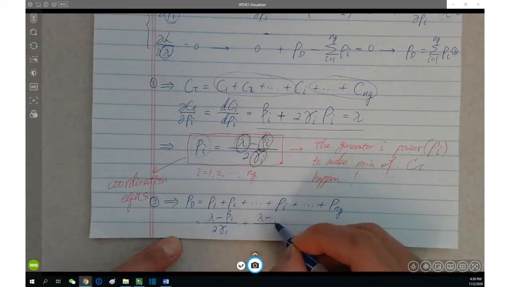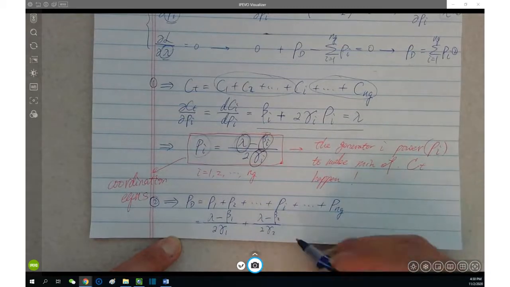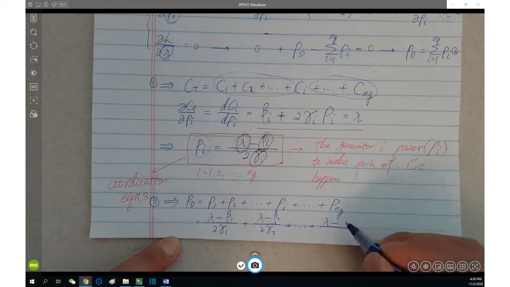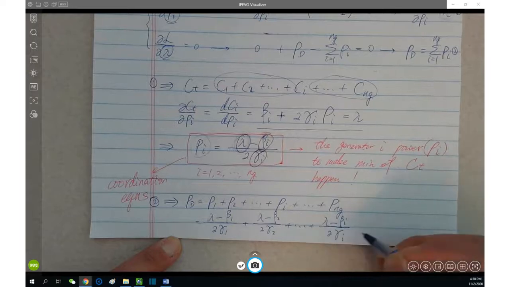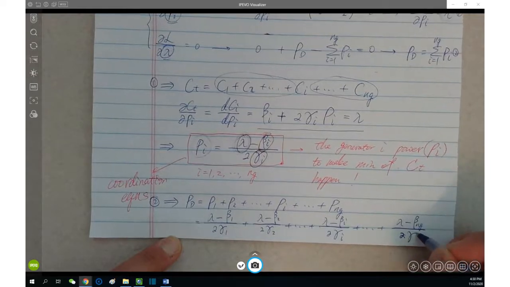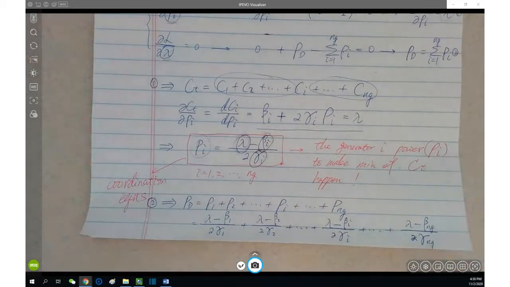Lambda minus beta 2 divided by 2 times gamma 2, right? Plus all the way, of course, including the Pi itself, plus all the way to NG, our generator NG. Right? Does this make sense so far?